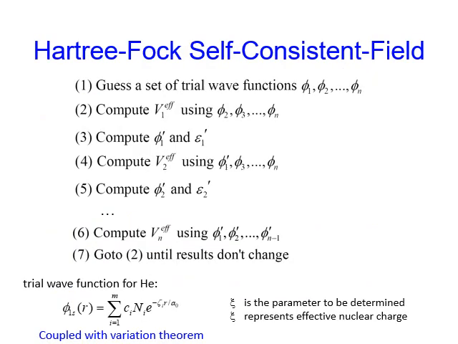So again, this is the procedure to use the Hartree-Fock self-consistent method. We'll skip all the details, but one important parameter that will be optimized in this calculation is called effective nuclear charge, and we'll explain in the next slide.